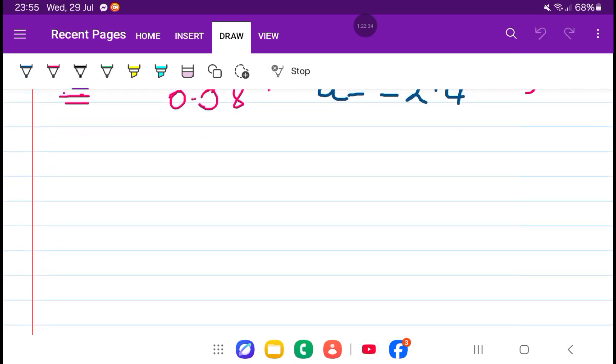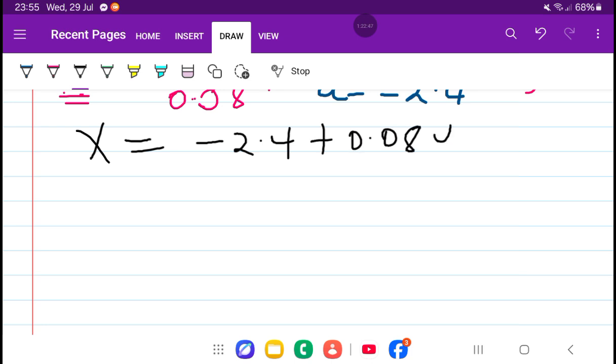So we said the regression equation will actually be x equal to negative 2.4 plus 0.08 y. In other words, if I want to get an x value, if maybe y is, let's say, 1, you will get the value.